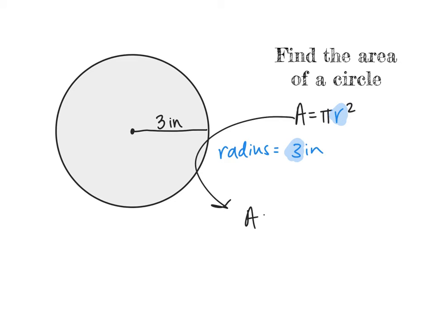So my area is equal to 3.14 times my radius, which is 3 squared. Remember, you have to do 3 squared first. So 3 times 3 is 9, and 9 times 3.14 is equal to 28.26 inches squared.